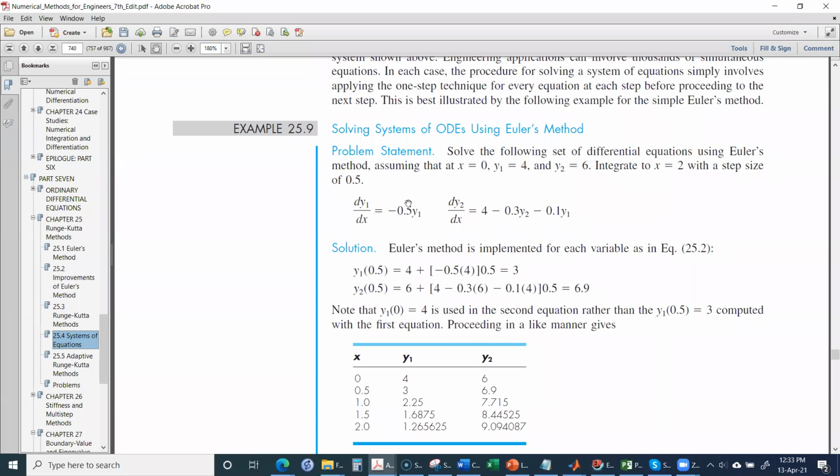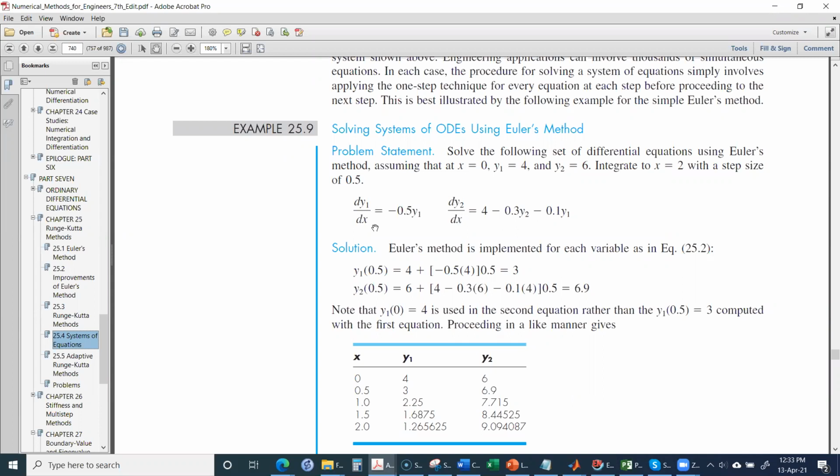So for example, one equation is dy1 over dx is equal to minus 0.5 y1, and the other equation is dy2 over dx is equal to this equation.